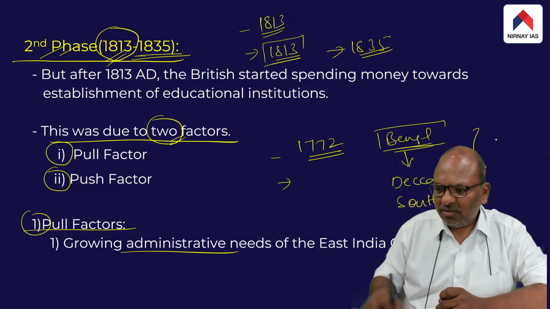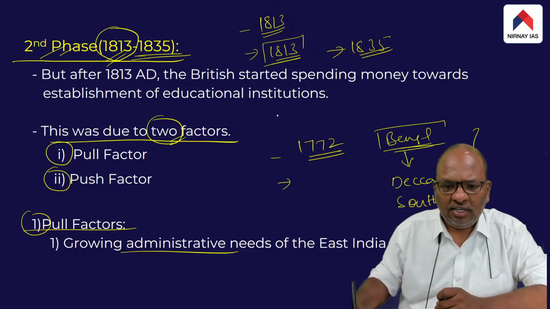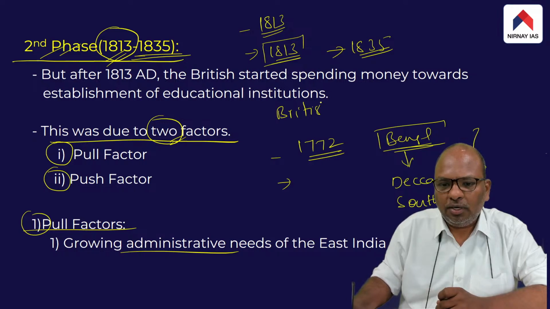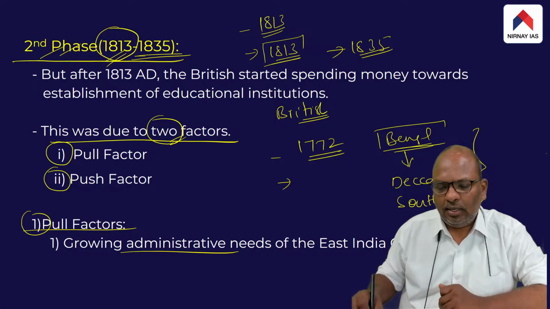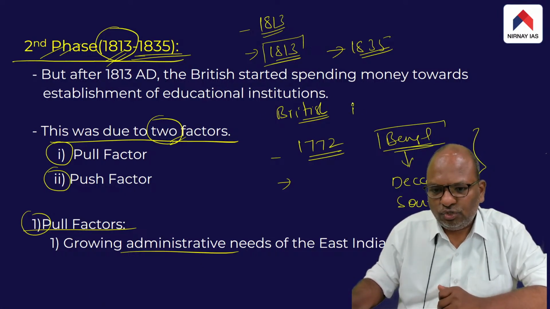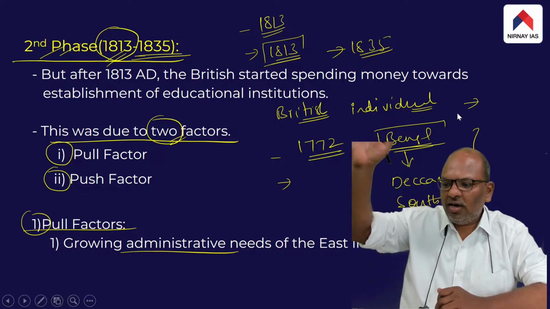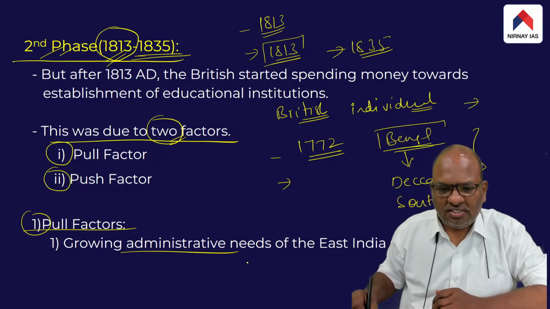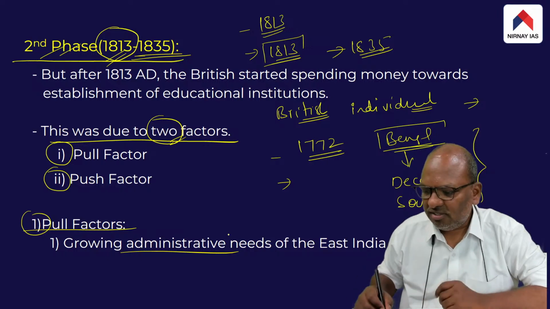To manage the administration, the British began to appoint British people to senior administrative positions. Understand this point. The East India Company appointed British individuals as senior administrators or high level officers, whereas the entry level jobs in the administration were thrown open to the Indians.